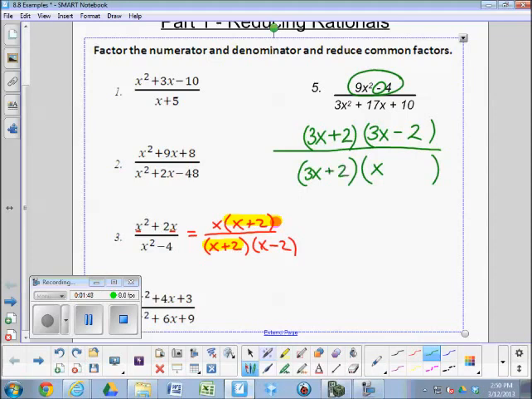And what's nice about that is when you have the 2 and 5, the 5 on the outside, when it multiplies by 3x, that's going to make 15x. And then on the inside, you have a 2x. And 15x and 2x add up to 17x, which is what we need in the middle. So we notice that the 3x plus 2's cancel, leaving us with 3x minus 2 over x plus 5.